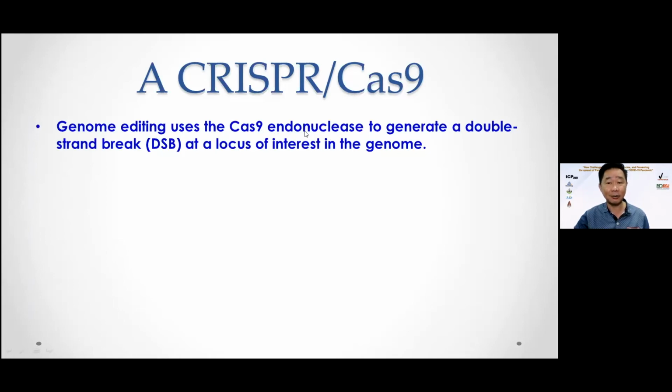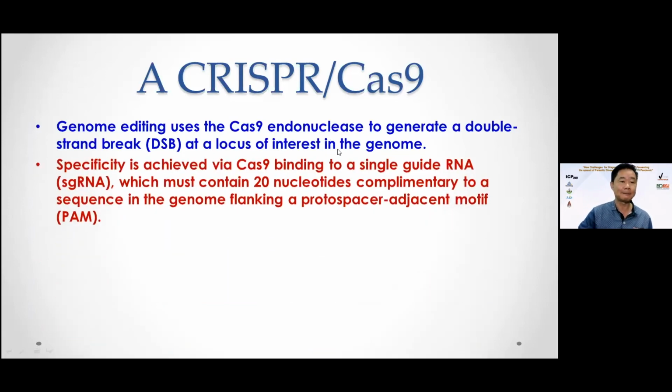CRISPR-Cas9 is a genome editing tool using Cas9. Cas9 is an endonuclease, and Cas9 generates a double-strand break in the genome at the site of interest. Cas9 will bind to the guide RNA. Guide RNA is the target that Cas9 cuts and then mutates. Normally the guide RNA contains only 20 nucleotides, and that sequence is flanked by a sequence called PAM, whose characteristic is NGG.